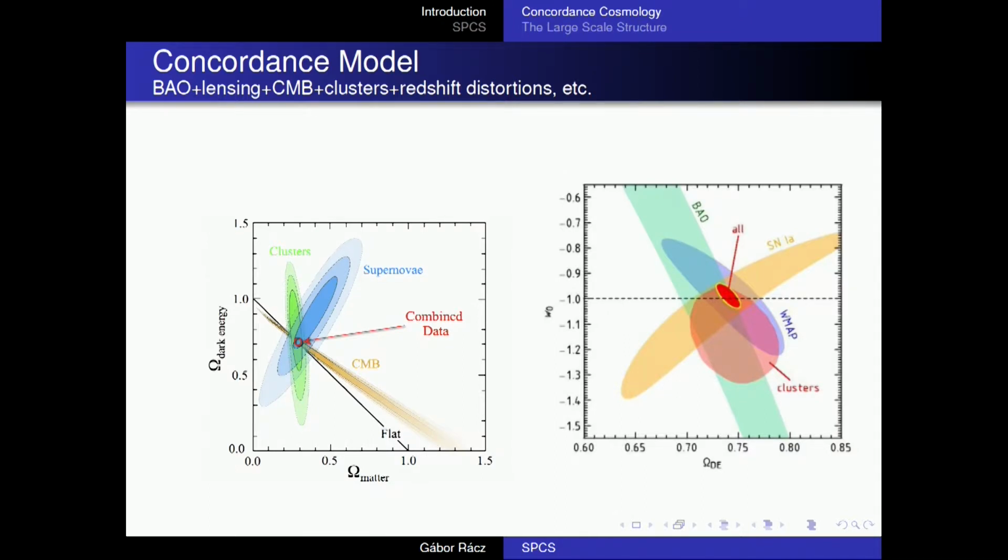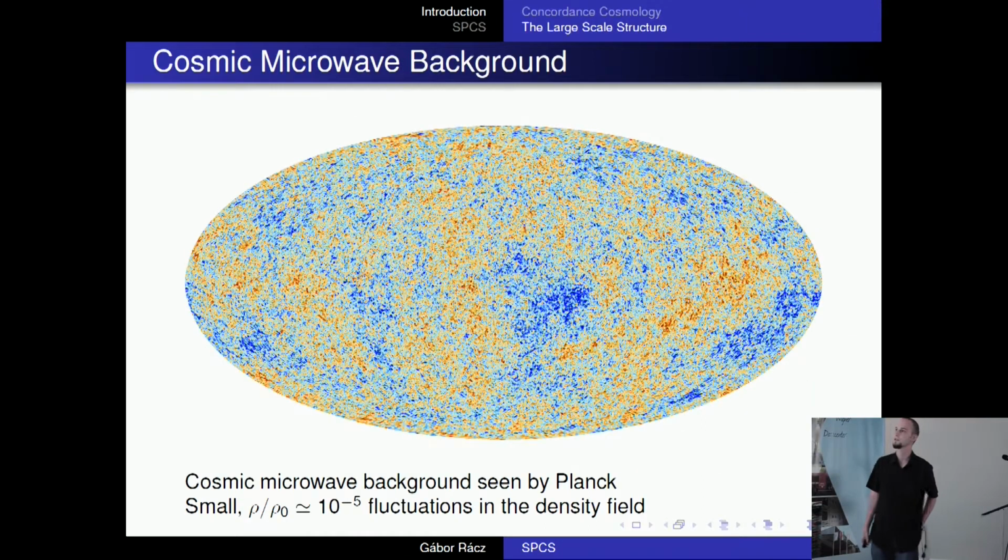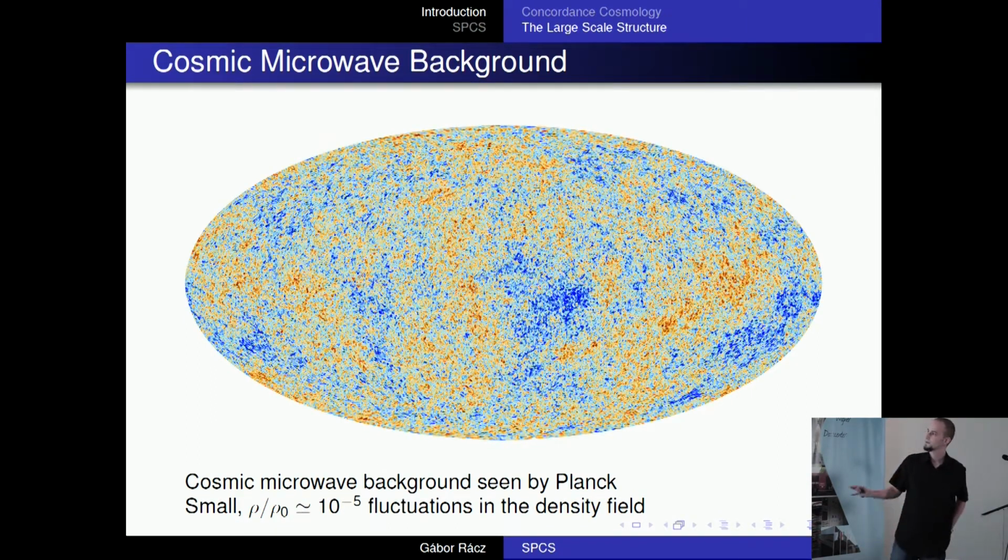So let's start with the cosmic microwave background. This is a picture of it seen by the Planck telescope. This is a temperature map, a full-sky temperature map of the cosmic microwave background.